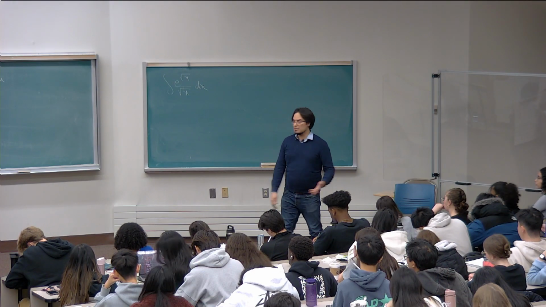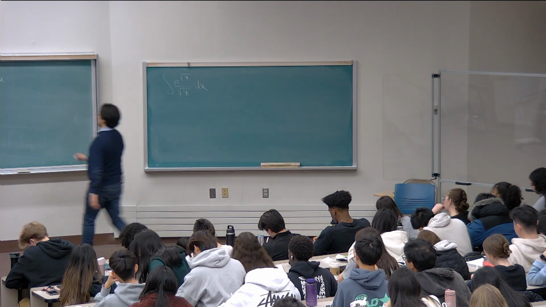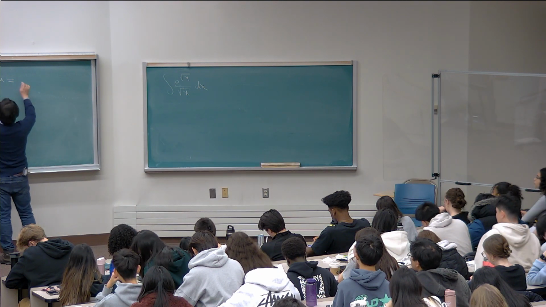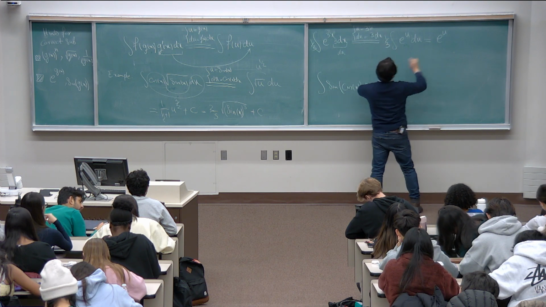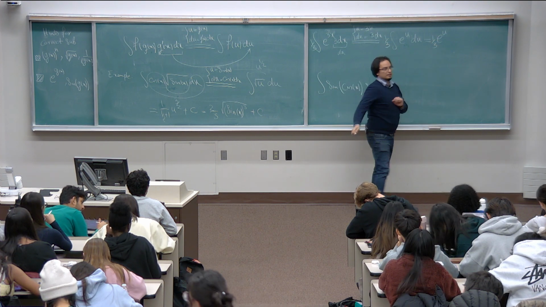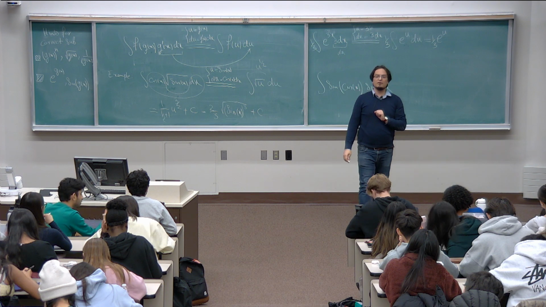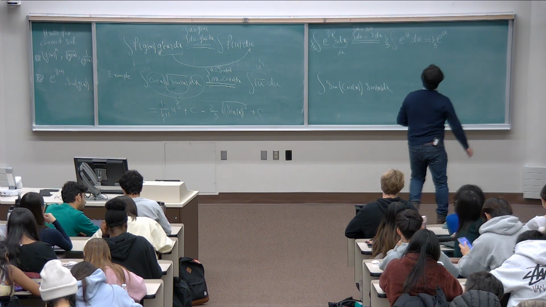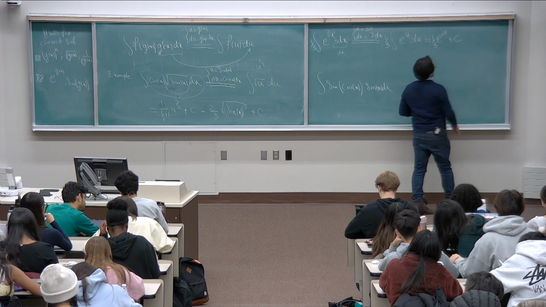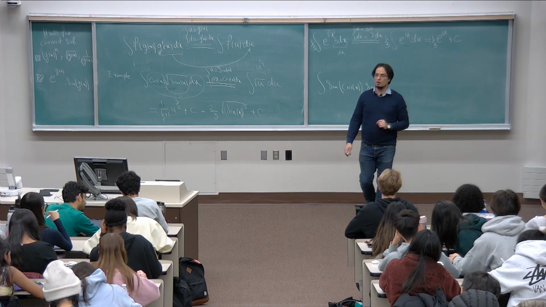Is this a good substitution? Well, let's see. Oh, antiderivative of e to the power, oh, sorry. I missed that 1 over 3, so I have to bring in that 1 over 3. Antiderivative of e to the power u with respect to u is e to the power u, so I had to put plus c there always.